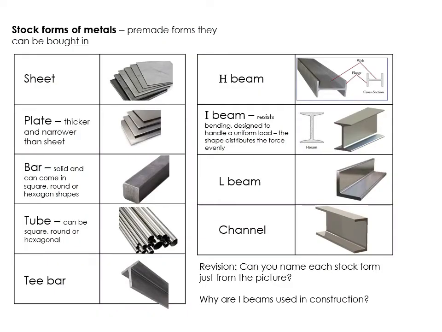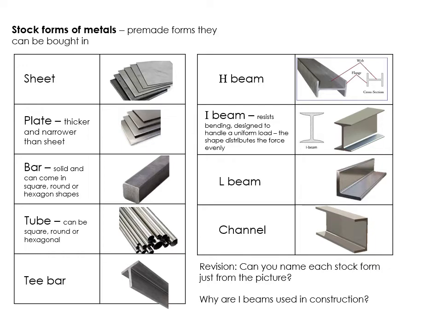So again, just to recap, stock forms of metals, or stock forms of any material, are basically the pre-made or standard sizes that you can buy materials in. So why do we bother with stock forms? Stock forms make it easier for the manufacturer to supply a set amount of materials.